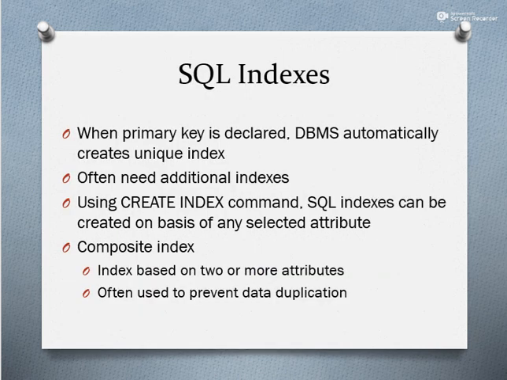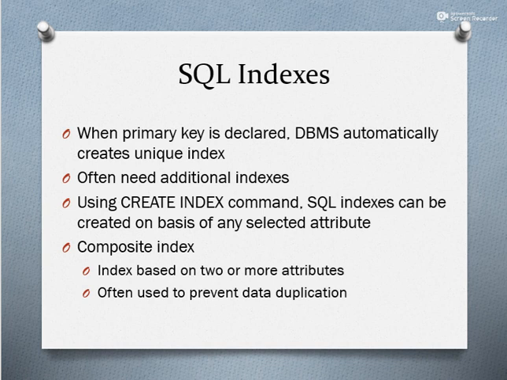Okay, in the database, indexes can be used to improve the efficiency of searches and to avoid duplicate values in different attributes or columns. So you can declare a unique index on a selected attribute when the table is created.